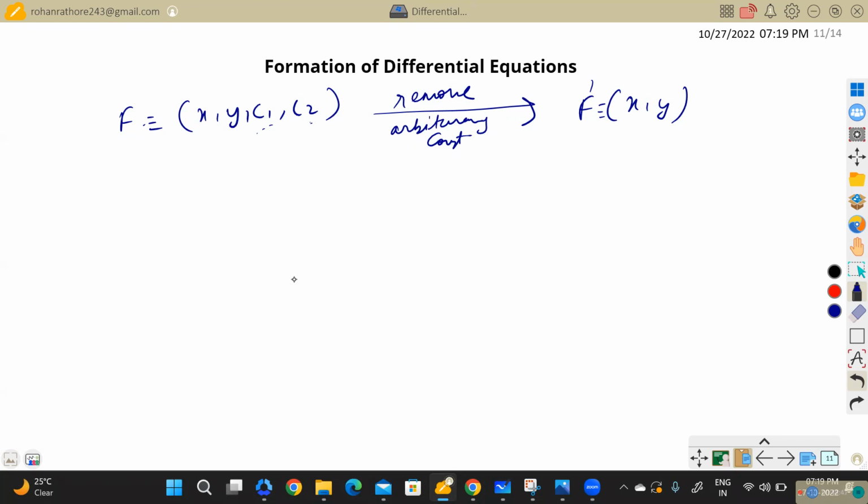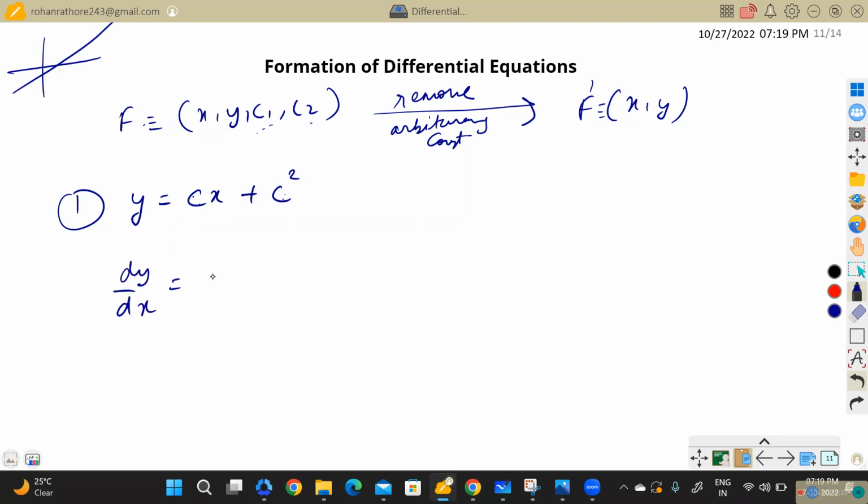Okay, so let's see our first example here, which is given as a curve y is cx plus c square. Now we have to make a differential equation representing this curve. This is a linear curve. Y is cx, so this must be something like a linear curve. So we have to determine a differential equation which represents this linear function. What we need to do is somehow remove this c from the y. So let's differentiate it once.